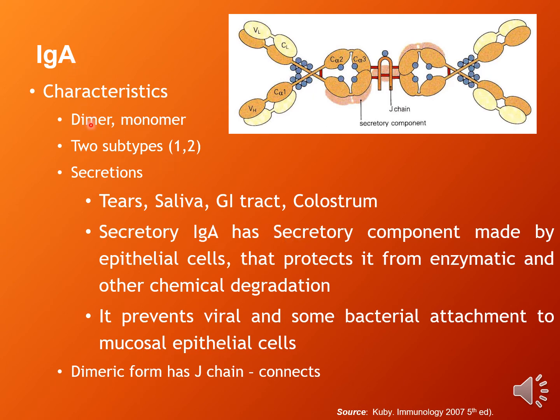IgA is a secretory antibody. It's found in the secretions. It can be a dimer or a monomer. If it's a dimer, it consists of these two structures, so each one is a monomer and it is joined together by the J chain. Since it's a secretory antibody, it's found in the tears, saliva, GI tract, and colostrum.